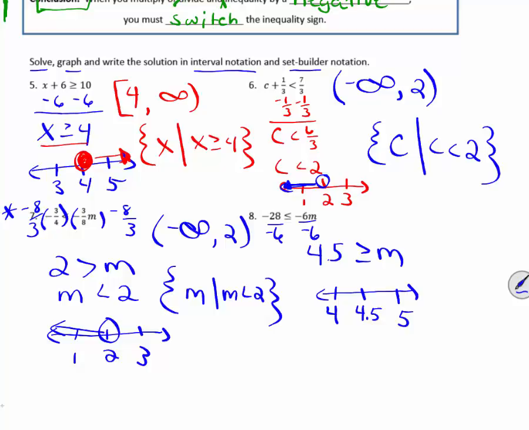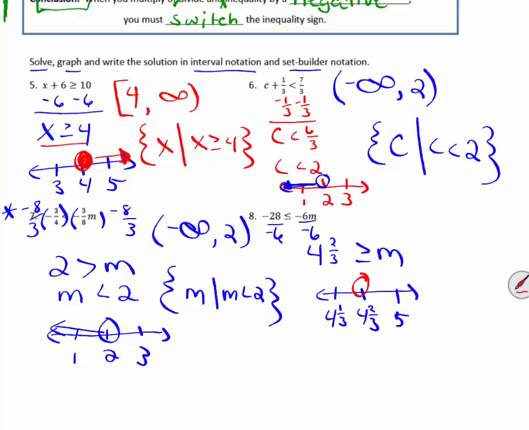I'm sorry, that is not 4.5. It is 4.6 repeating. So I'm actually going to write that as 4 2/3. So I'm going to do 4 1/3, 4 2/3, and 5.